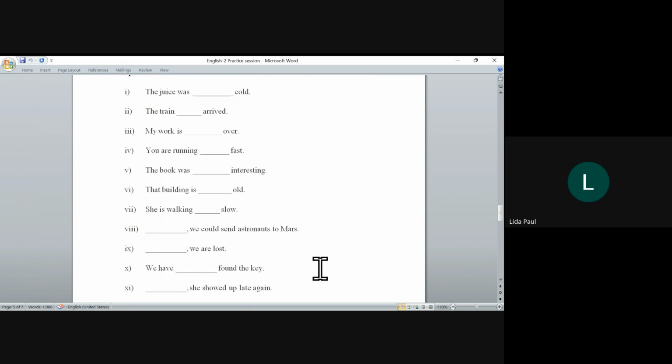So let's look at a few of these questions and see what you will use. The juice was dash cold. Now, in some of these sentences, maybe multiple answers also work, depending on the context. Probably you can write more than one answer for all of these. So let's see what works. First one, you can say very cold, you can say too cold, right?